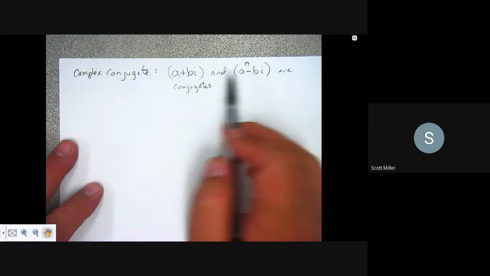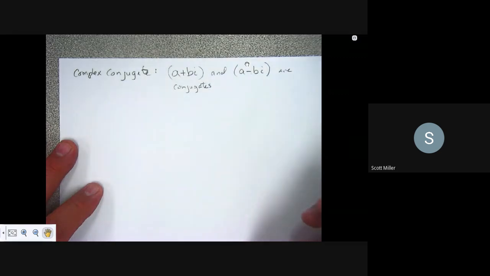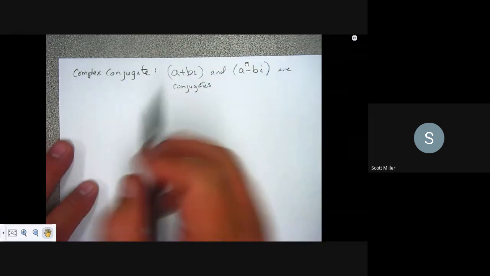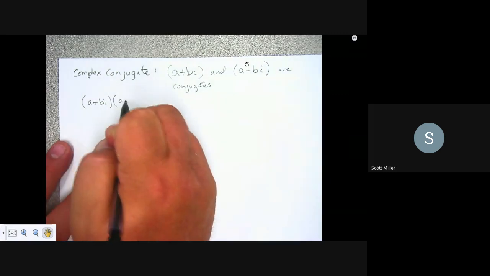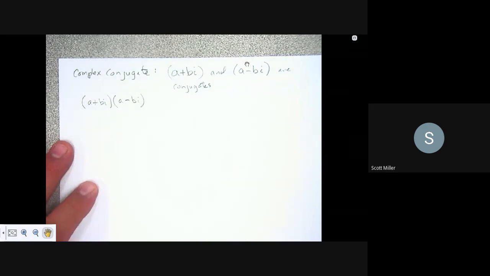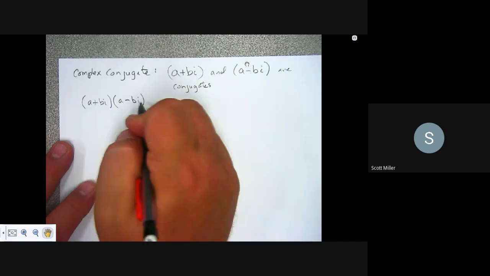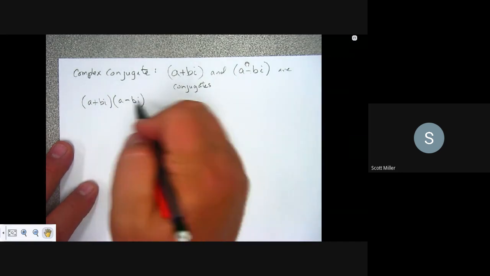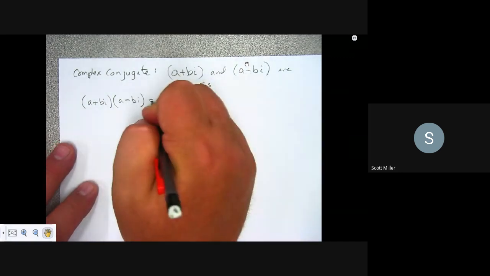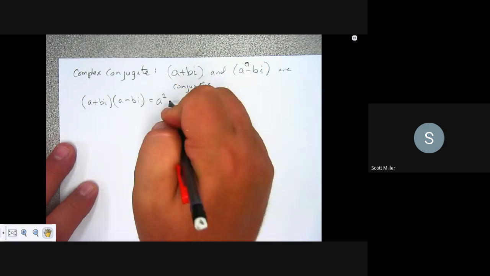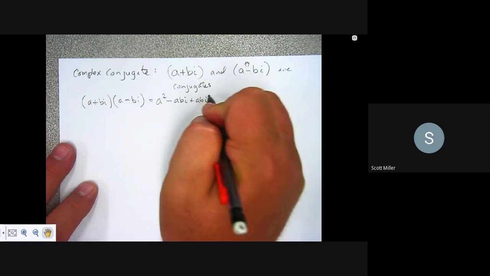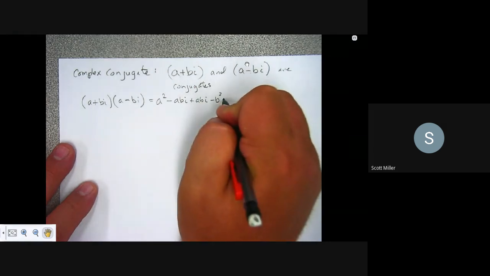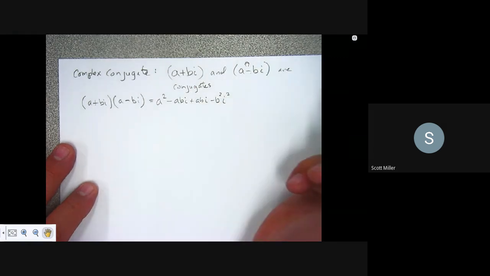Notice that they basically follow the format of the difference of two squares. Can you see it? Anytime I multiply conjugates together, this is going to happen. This is the difference of two squares. If you want me to, I can just multiply it out. So I'll get a squared minus abi plus abi minus b squared i squared. Well, look at the two middle terms.